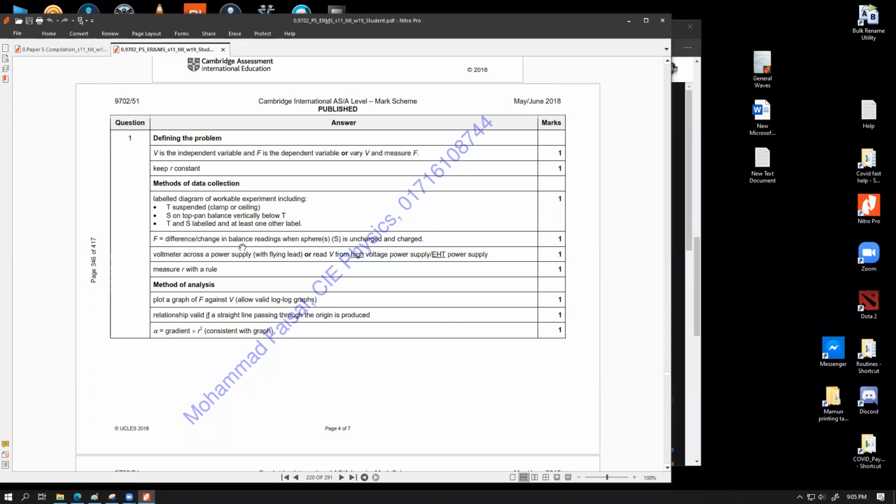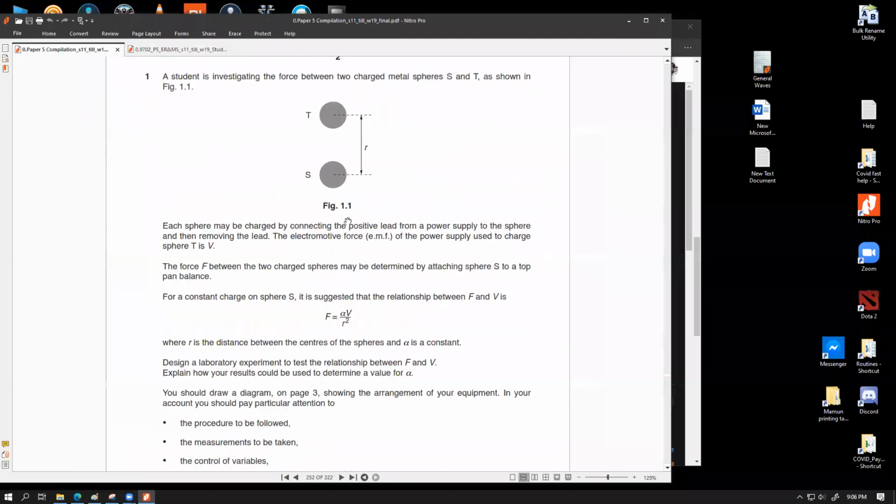F equals the difference or change in balance readings when the sphere is uncharged and charged. Sphere S, what? S is the bottom one and T is the top one. Which one is what? This is the bottom one, sir. S is the bottom one. Okay, whatever.